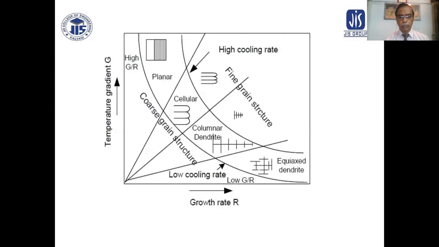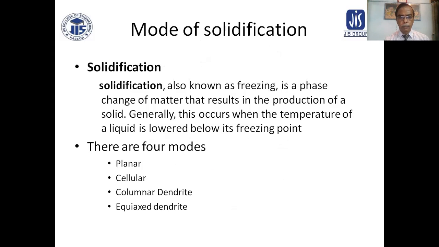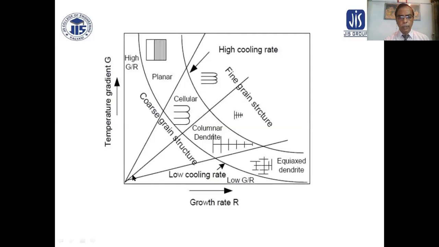This is the growth rate, R, and the temperature gradient, G, along with the cooling rate. A coarse grain structure results from a low cooling rate, and a fine grained structure from a high cooling rate.